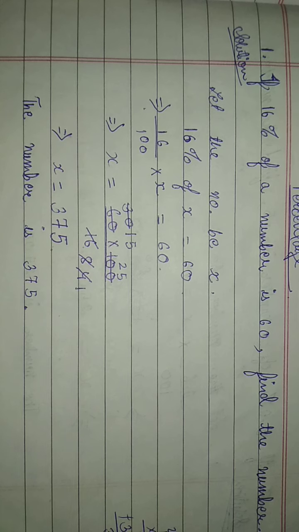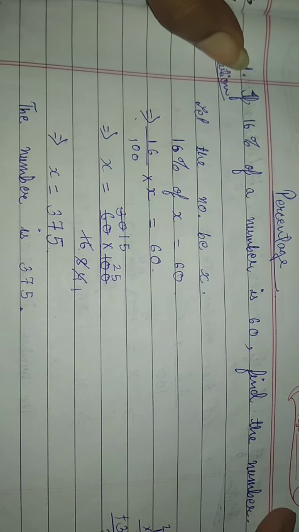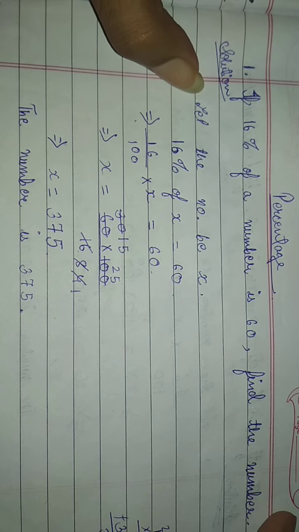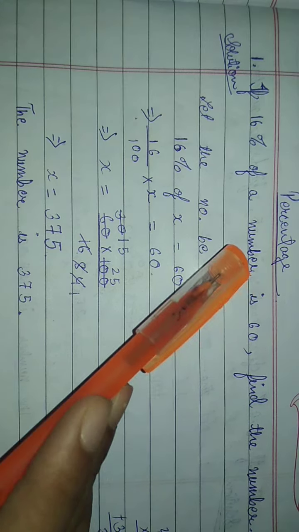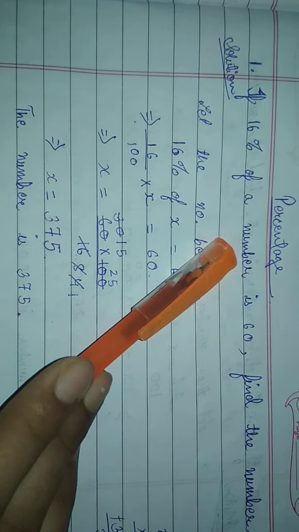Okay, so let's start with our first question, that is: if 16% of a number is 60, find the number. So first of all we will write, let the number be x, because here the number is not given, so that's why we will take let the number be x.